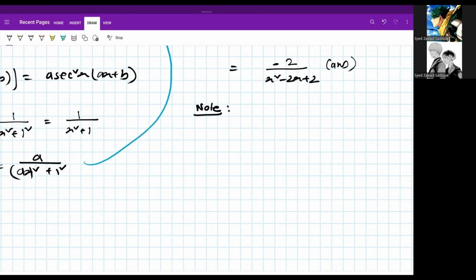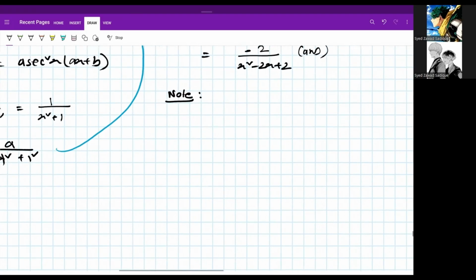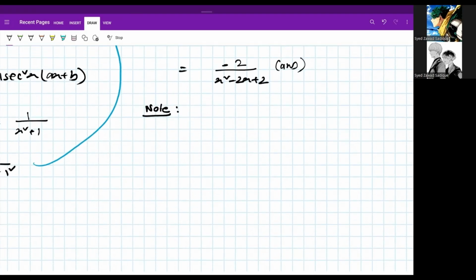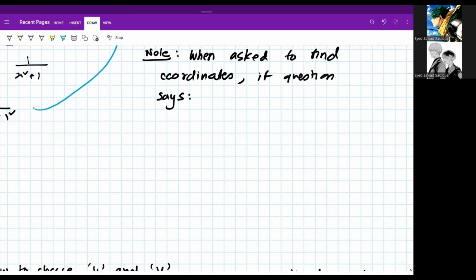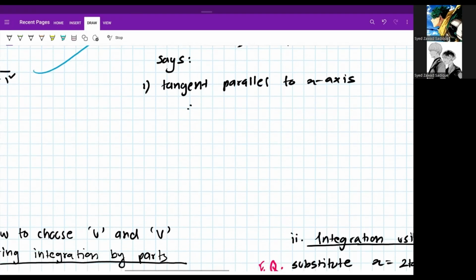When asked to find coordinates, if the question says tangent is parallel to x-axis, therefore dy by dx equals to 0.